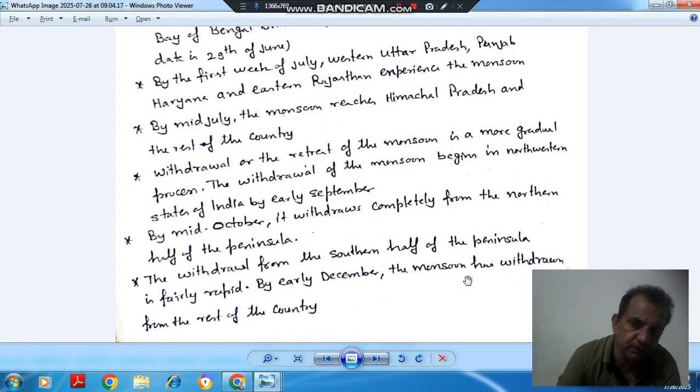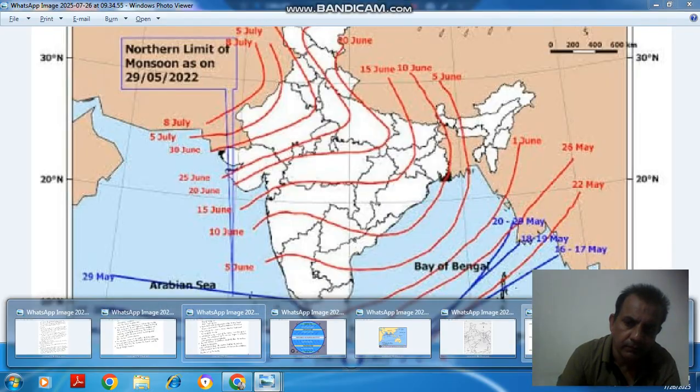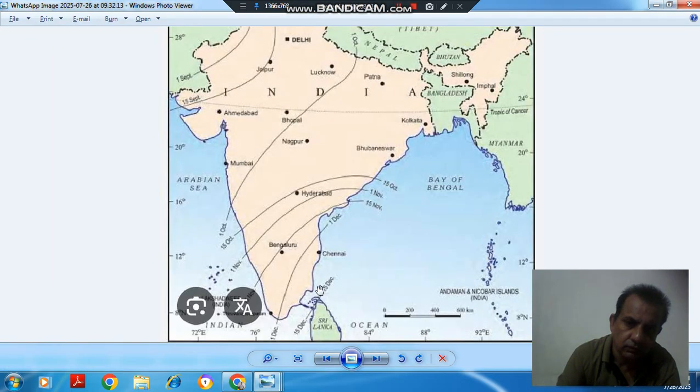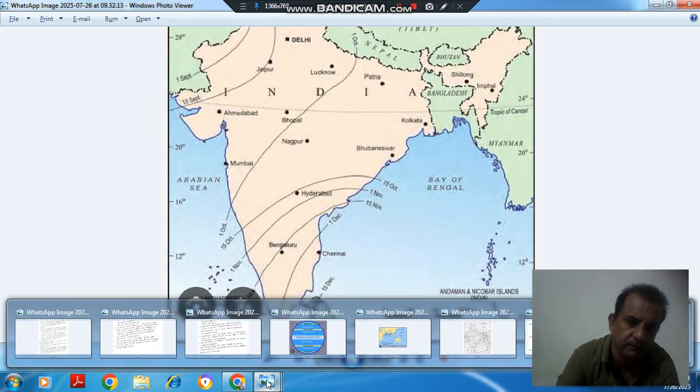By early December, the monsoon has withdrawn from the rest of the country. So this is a very rapid process. This is the 15th December scenario. This is the 1st December scenario. So it has withdrawn from the rest of the country.